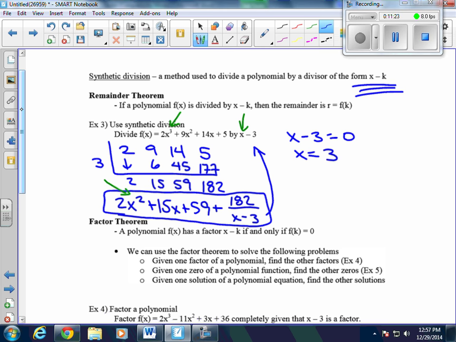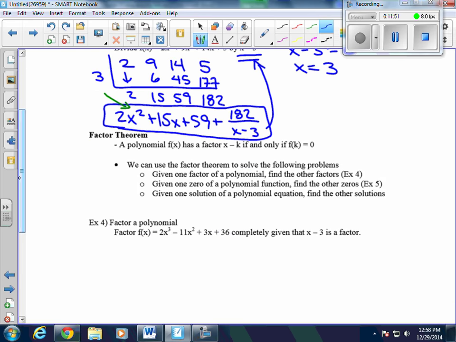And so this is the same way to do a problem as we would have using long division if that term is a binomial. Okay. So if this is a binomial, you may use synthetic division instead of a long division. If it is a trinomial, you don't have any choices. You must do long division.